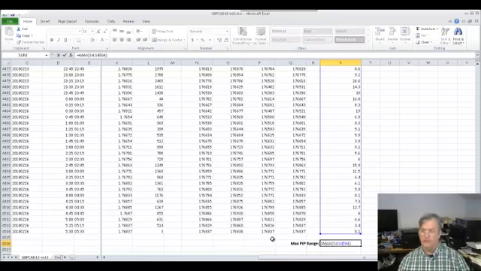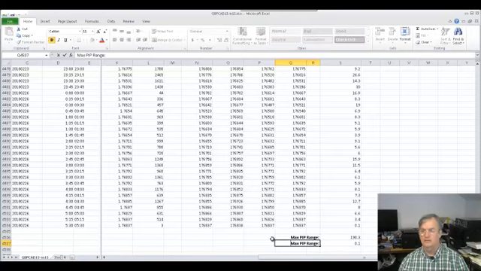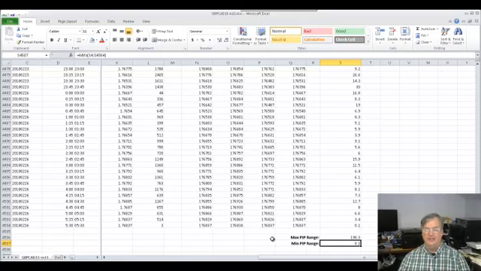Then we can also do MIN, same range, minimum pip range. So you can see in 4,500 price candles, we have a range that goes from, on the low side, not even a pip, it's a tenth of a pip, all the way up to 190 pips. So it's a pretty broad range.